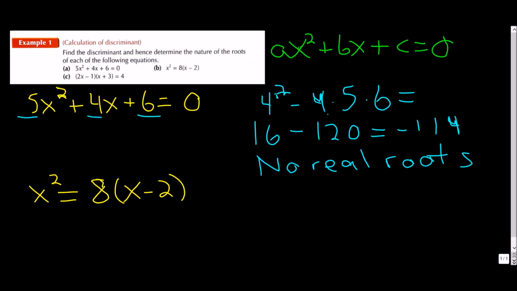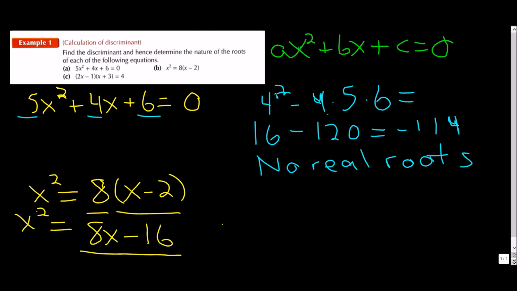So the x squared is fine. If we distribute the 8, there are 8 x minus 2's. So if we break that up, we have individually 8 x's, and 8 negative 2's gives us negative 16. We still don't have it in a full quadratic form yet. We're going to move this to the other side.